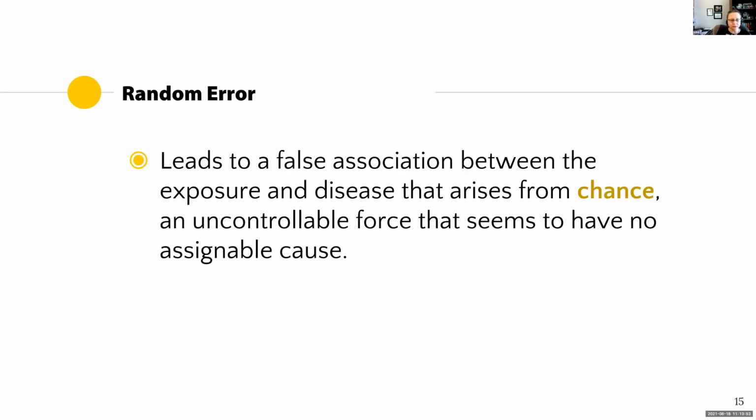These things get complicated too, because we talk about the things that can go wrong in a study. Random error happens all the time because people are messy. People don't do what you expect them to do. They don't do what they're supposed to do. So sometimes it's just chance. It's nothing you did.